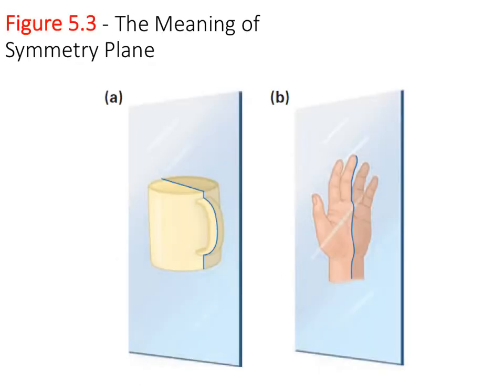If we think about everyday objects like a coffee cup, you can see that if you split this coffee cup right down the center, the right half looks just like the left half, so that does have symmetry. But if we look at a hand, if you cut your hand right down the center, the left half with your thumb does not look just like the right half. So the hand would be chiral, but the coffee cup would be achiral.